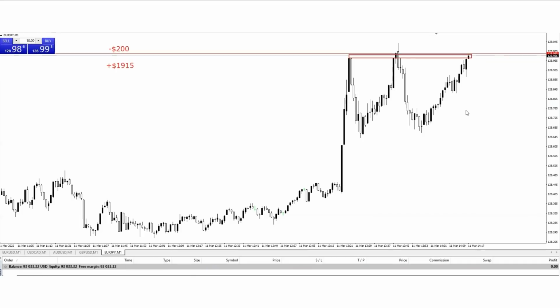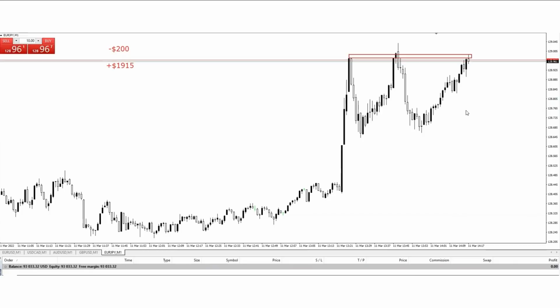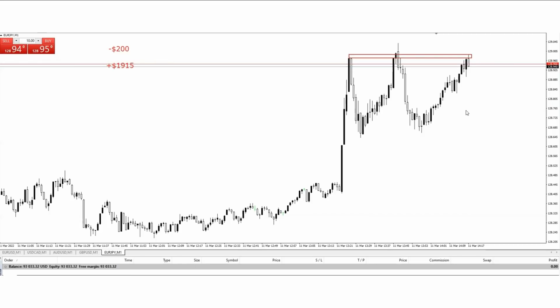I know it's not exact, with a plus 1.7R return. Out of 4 trades, that's what we've had, with 3 break even and 1 win. So these are our results of today.